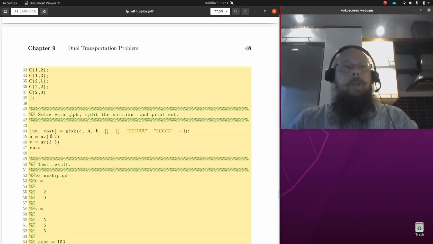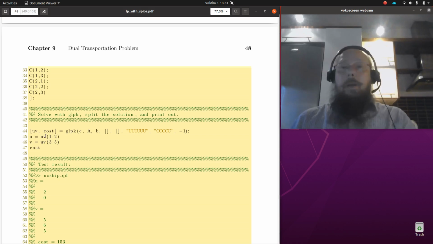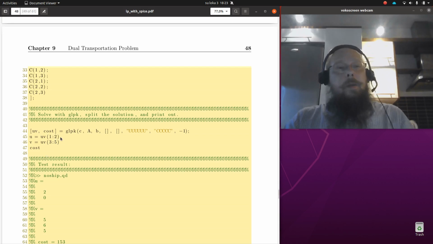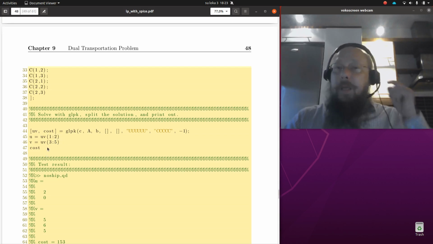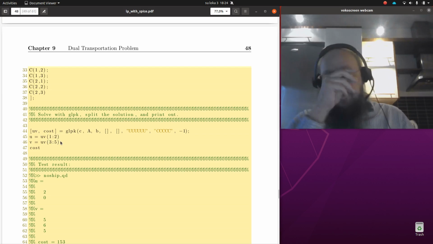So indexes from 1 to 2 are U, and then the last ones, indexes 3 to 5, will be the V, and then here's the cost. The missing semicolons here mean, as always, that the solution is printed out. So in this section we solve with GLPK, here we split the solution, and finally print it out. The printing out means the missing semicolons here.